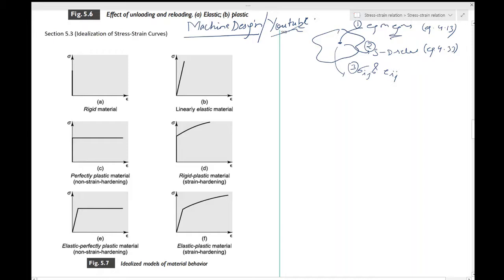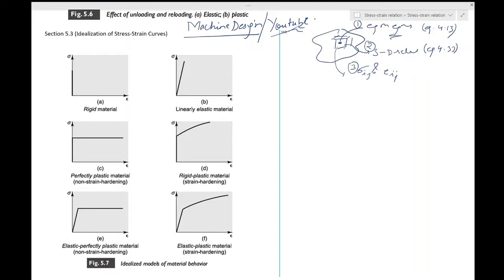So any element which you cut out of this three-dimensional solid should follow these three steps, and the solution must be based on them. This we have been seeing since the start of this course.